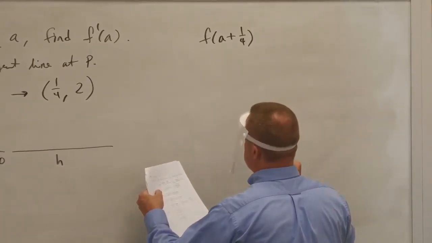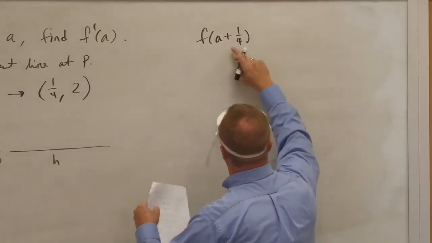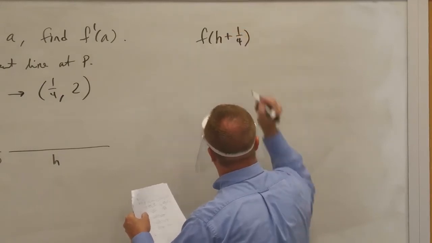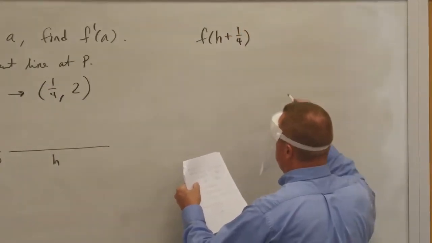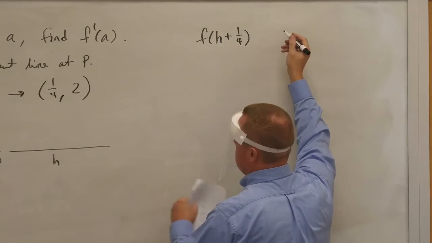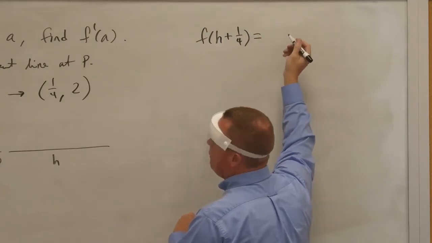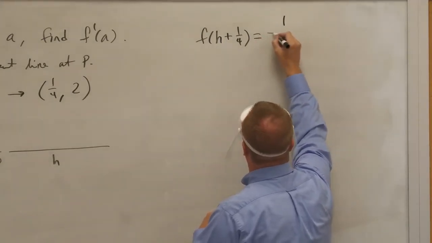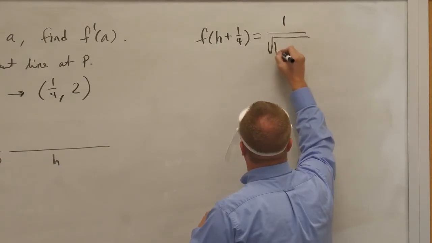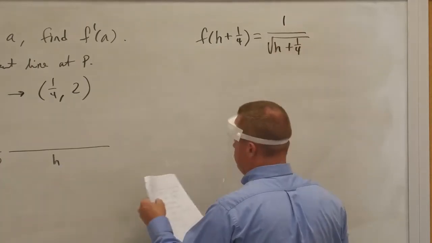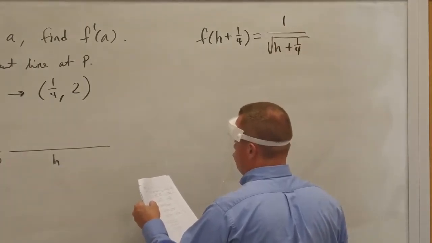I'm sorry, h plus 1/4, since a is 1/4. So that's going to be 1 over the square root of h plus 1/4. Okay, that's all we'll do right now.